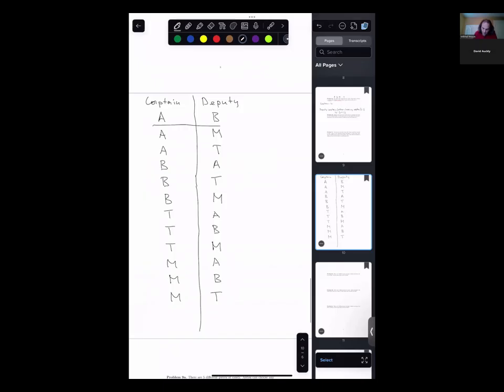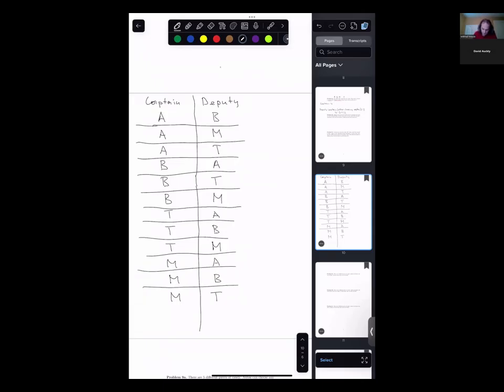Here we have these 12 options, right? But now let's try to use these 12 options to form teams. So we have one, two, three, four, five, six, 7, 8, 9, 10, 11, and 12 options.